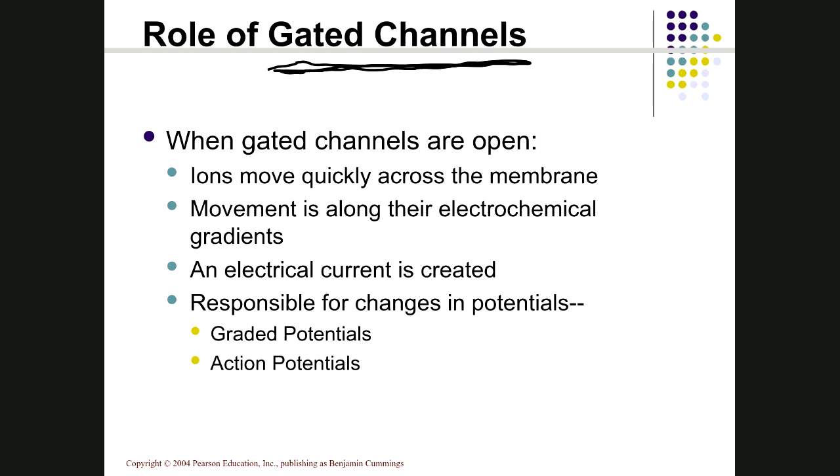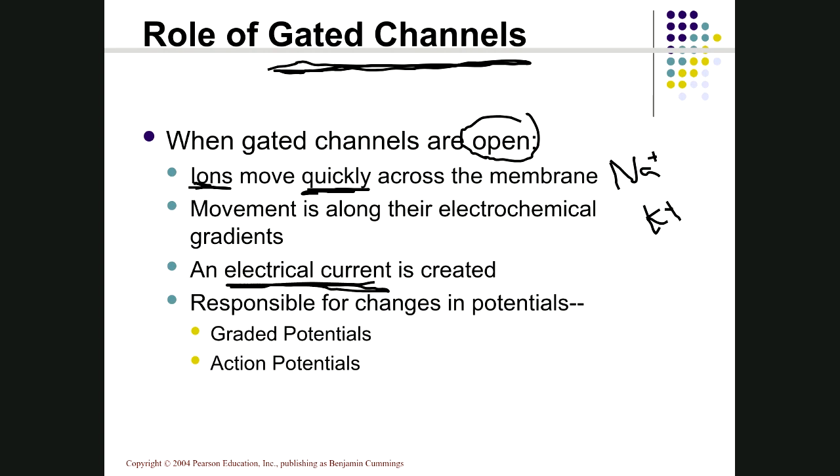And if they're open, it lets ions move very quickly across the membrane. And when the ions move, remember, they have a charge on them. Sodium has a +1, potassium has a +1, they have a charge. And so when those ions move, the charges move with them. And we create this little electrical current.